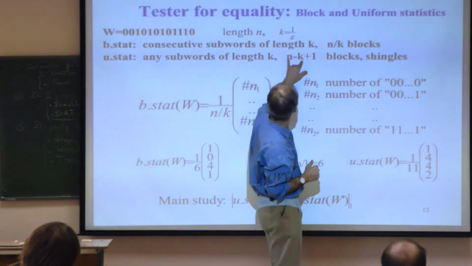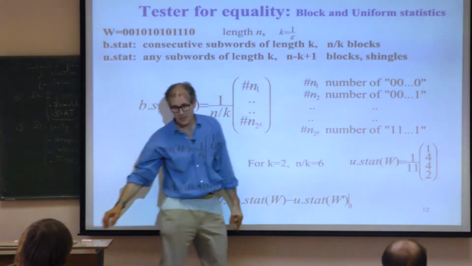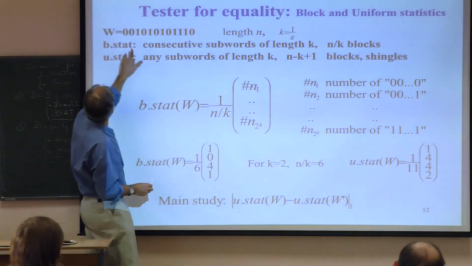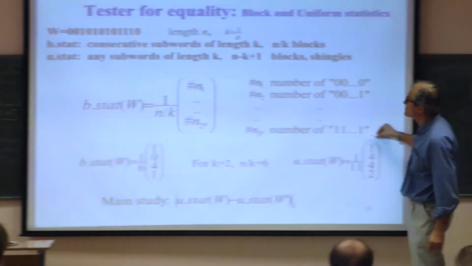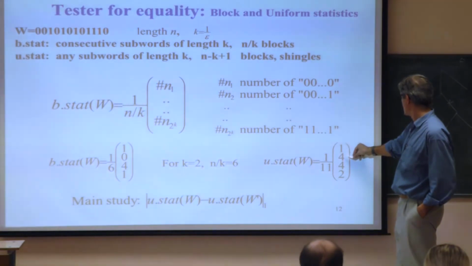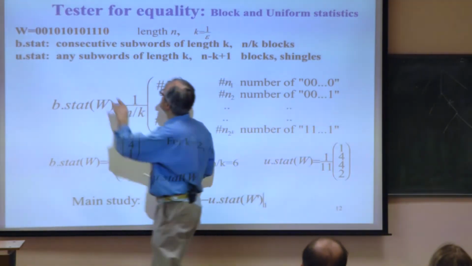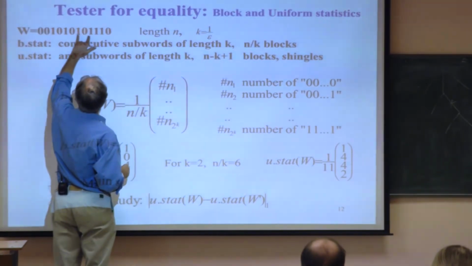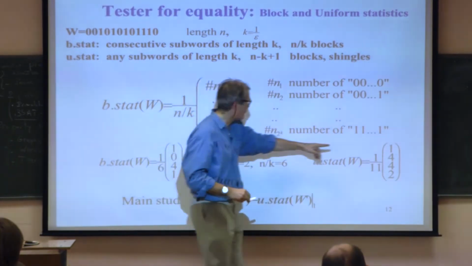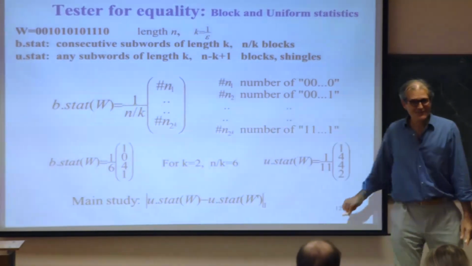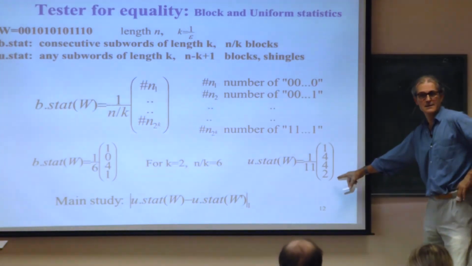So it should say n minus k plus 1 shingles, which is a word used in English. And you can see now that you get slightly different statistics, because you have a 0, 0, but you have 4 0, 1. This one, this one, this one, and then maybe another one I don't see. So the statistic is this. Is that clear?